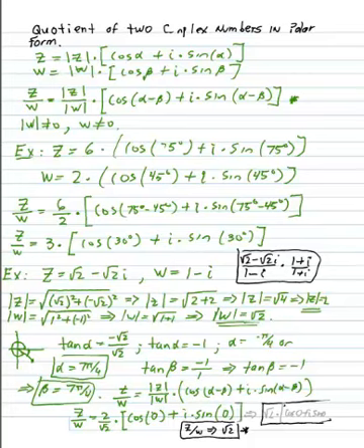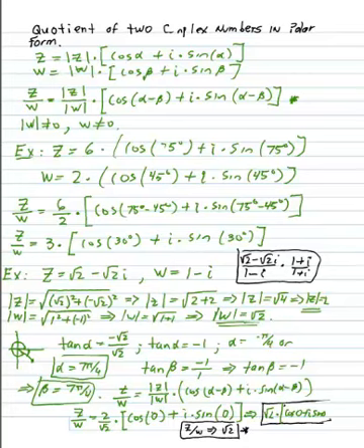So there's our number in polar form. 2 divided by the square root of 2 simplifies as the square root of 2, and then we have the cosine of 0 plus i times the sine of 0, and the cosine of 0 is 1 and the sine of 0 is 0.